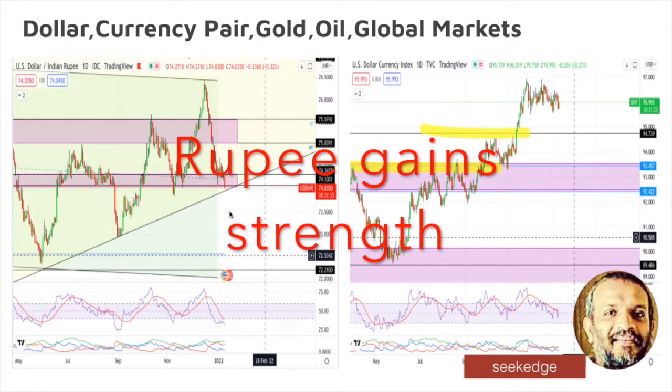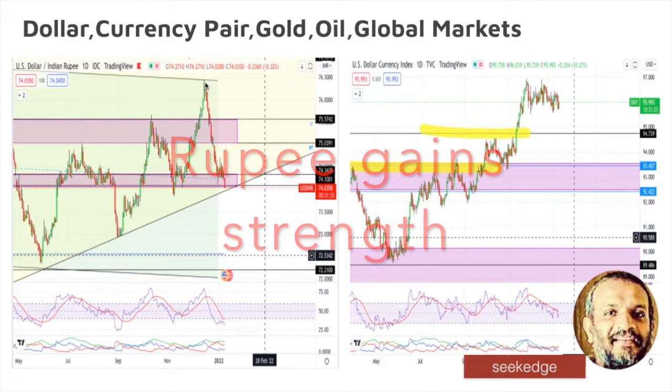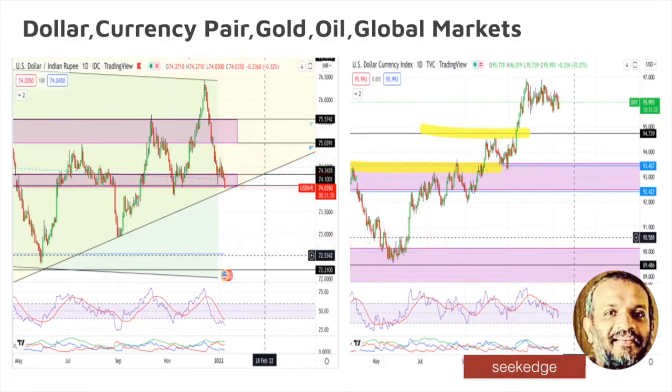It is at 74 levels, back from a few weeks before when it was 76.5, heading to 77.2. In just a few weeks it has fallen nearly 4 rupees. This is a big fall, and the rupee has clearly gained strength. But the dollar index has broken out of the two major resistance areas and is consolidating before a further breakout. It could be possible. That's about the dollar index, not the currency pair.